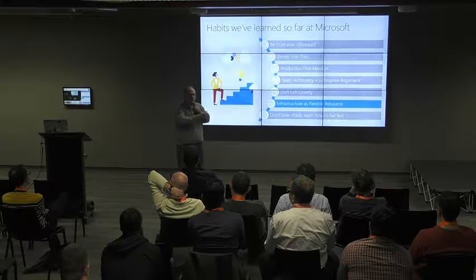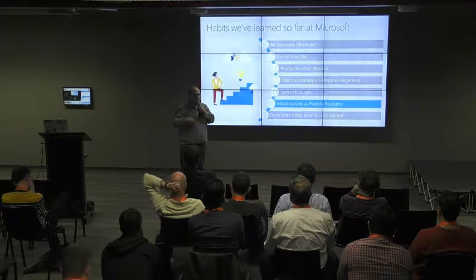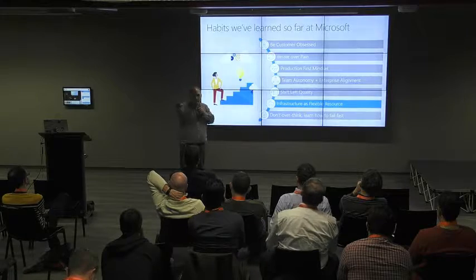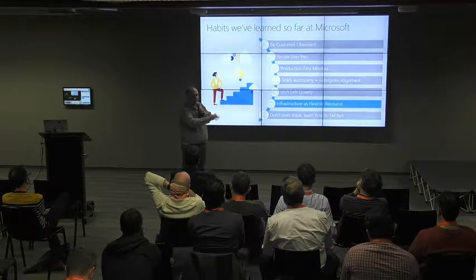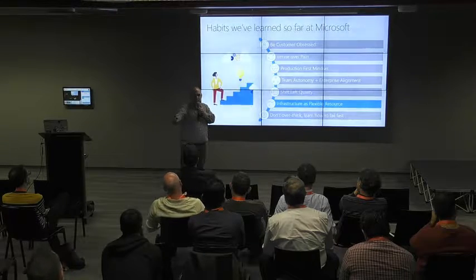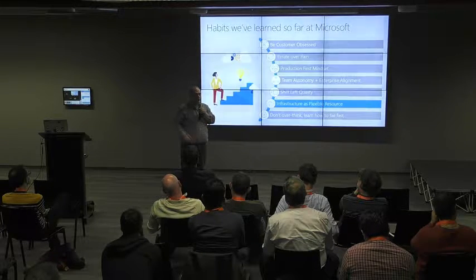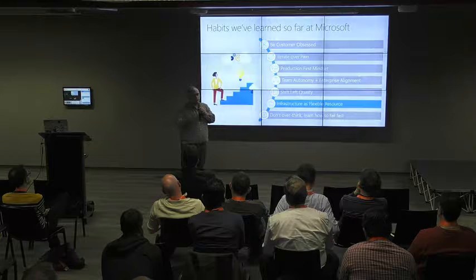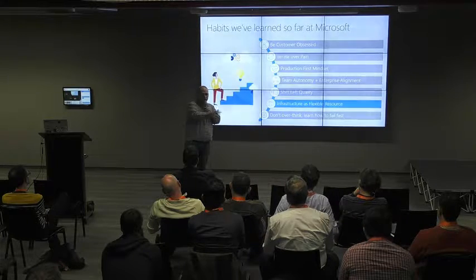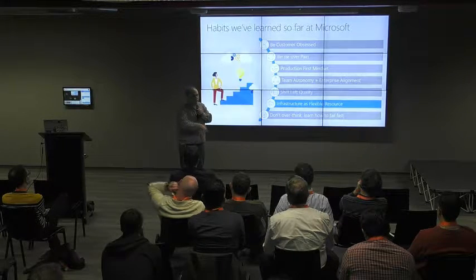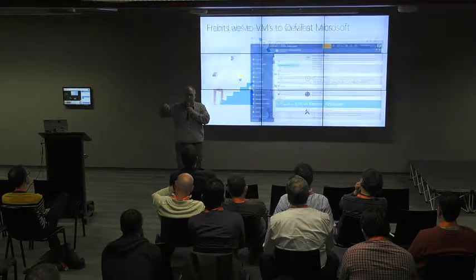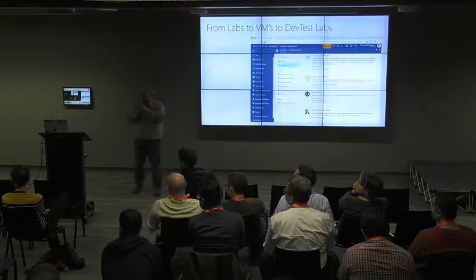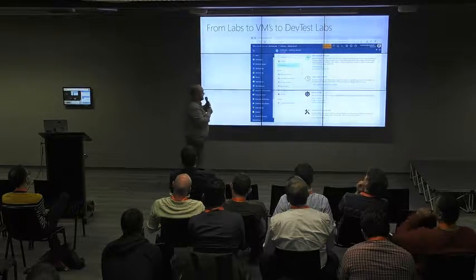And then from VMs, when we went into team rooms, we didn't have room for all these desktop machines. So we put all those desktop machines in a cupboard, in a lab, and then you RDP'd into your lab hardware. And then as the cloud came on, we needed that room for more team rooms, so we knocked the labs down and moved that hardware into the cloud. We used DevTest Labs to do it.